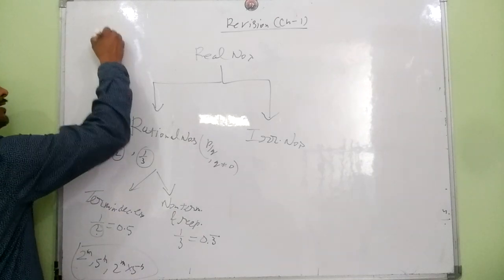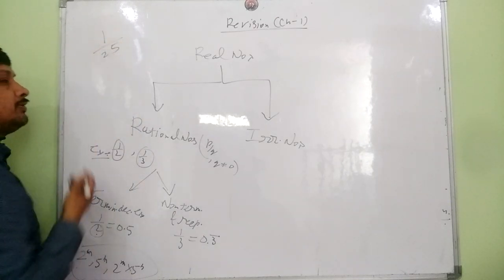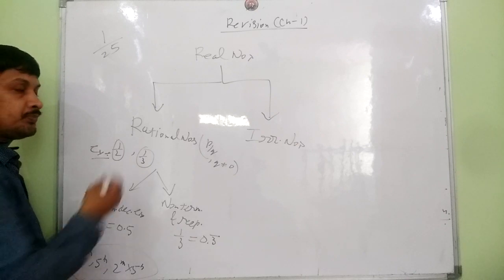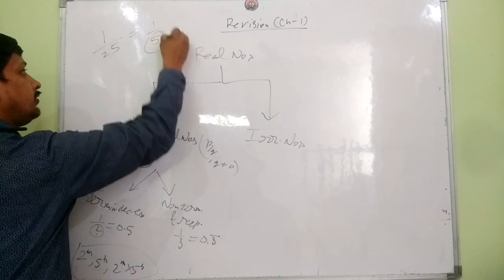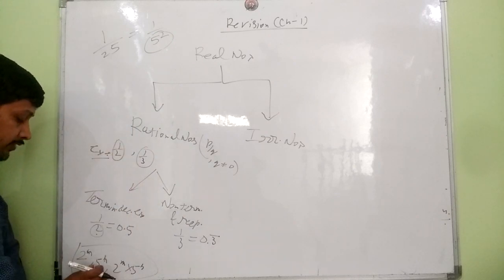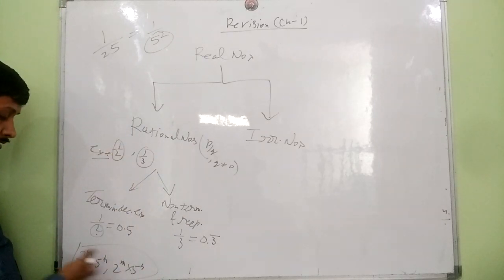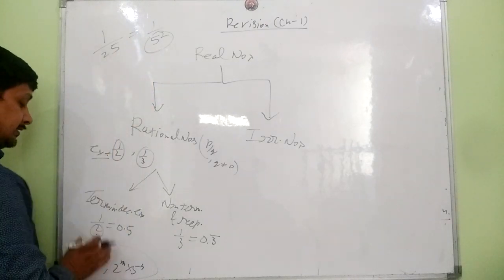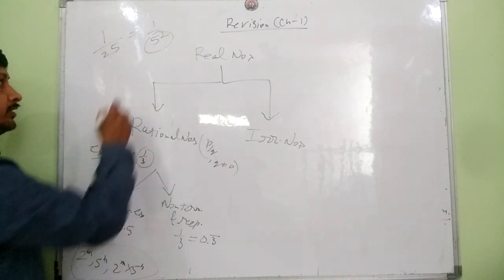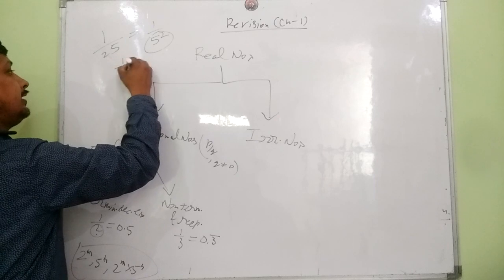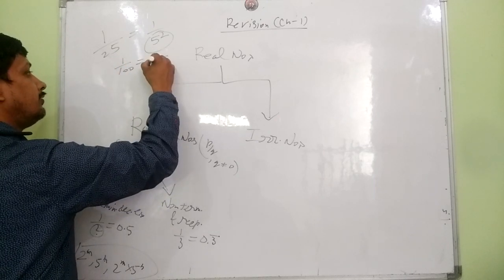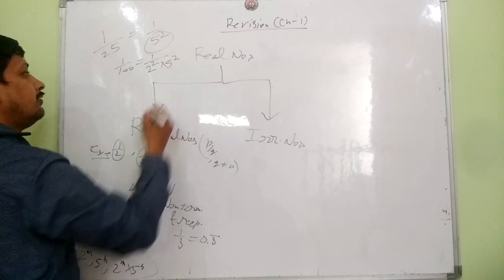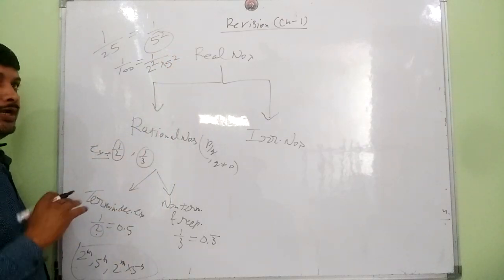For example, you tell me, 1 upon 25, which type of decimal expansion will it have? Yes, you will prime factorize 25, you will get 5 to the power 2. So it is in the form of 5 to the power n, one of the forms among these three. So yes, this will have a terminating decimal expansion. 1 upon 100: when you prime factorize, you get 2 to the power 2 and 5 to the power 2, 4 into 25.